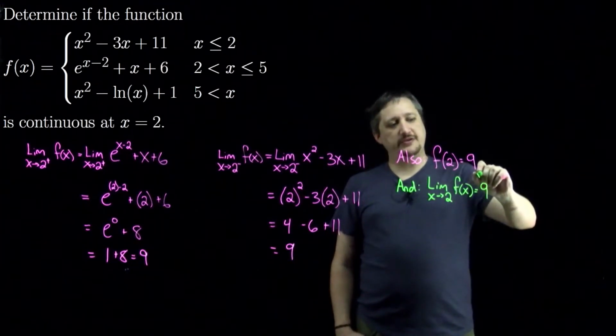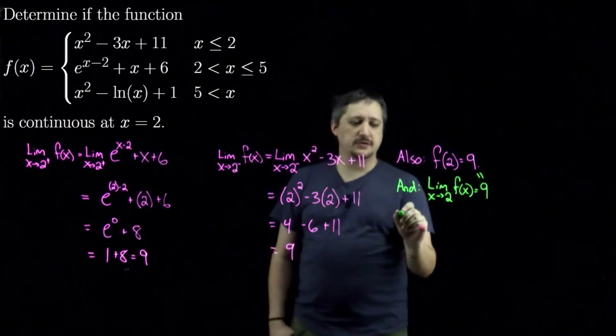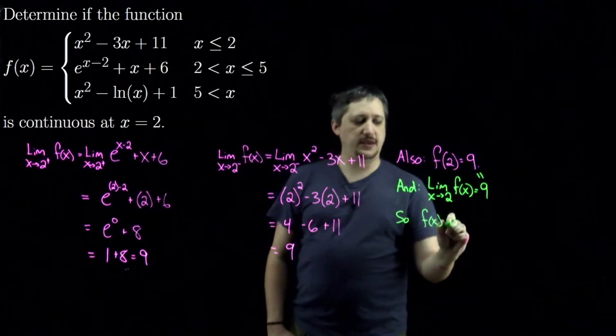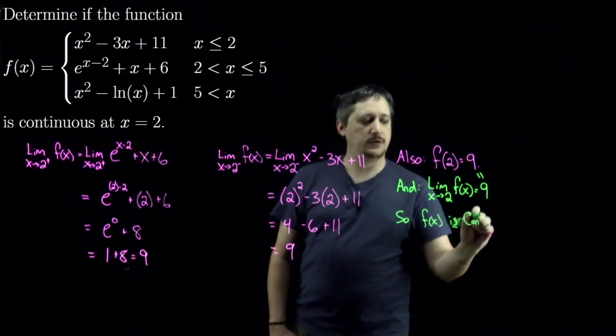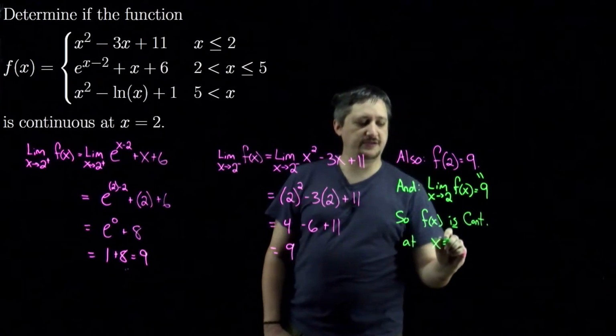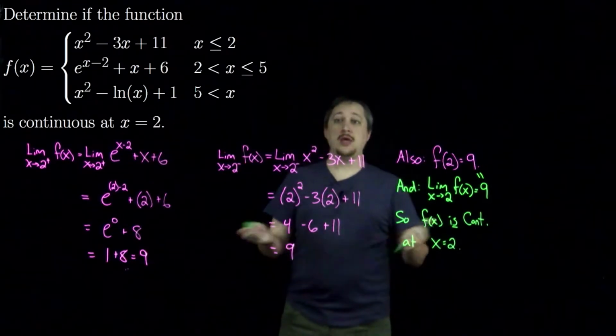But that equals the function's value at that point. So f of x is continuous at x equals 2. Okay? And that's it.